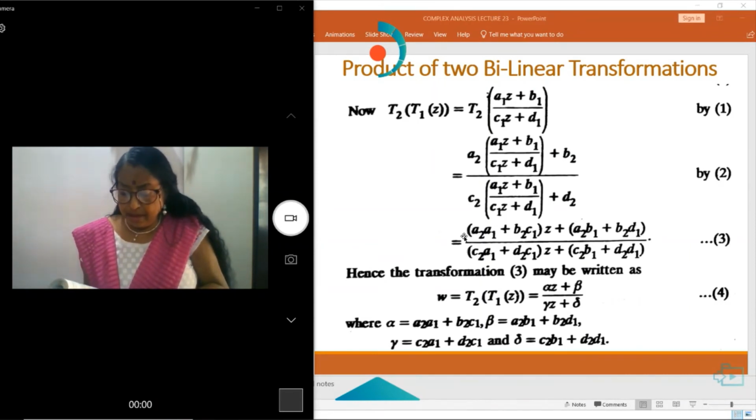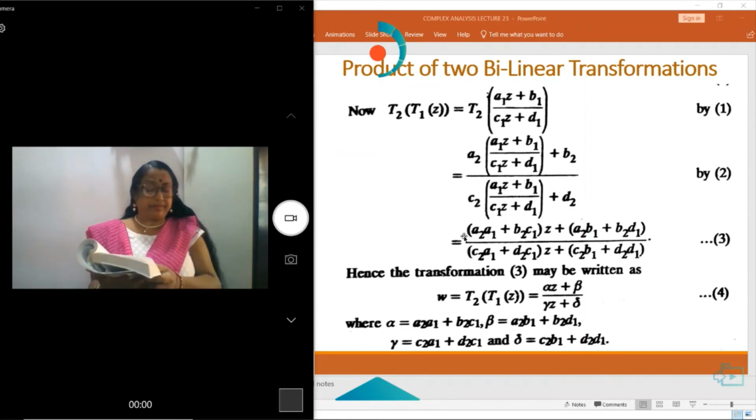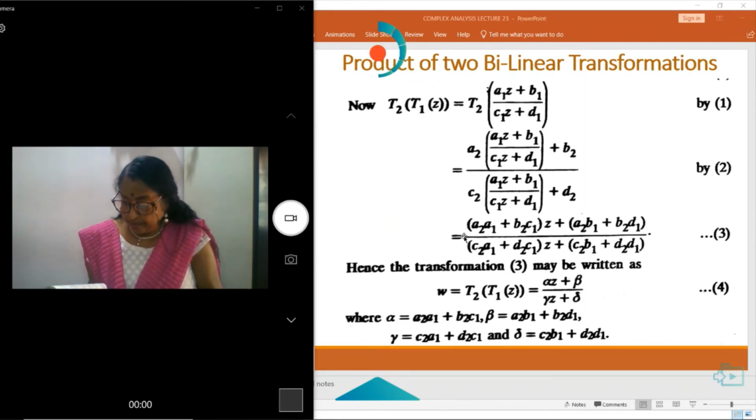And the determinant of 4, we can see that this is also not equal to 0. So tau 2 of tau 1 z is a bilinear transformation, because alpha delta minus beta gamma is not equal to 0. Hence, similarly, the result of any finite number of bilinear transformations can be formed.